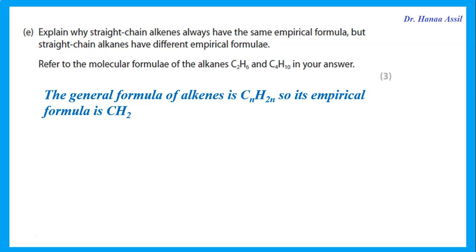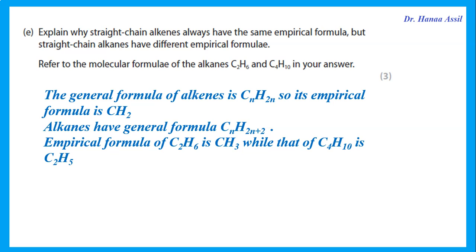So that's for alkenes. What about alkanes? You should know that alkanes have general formula CnH2n plus 2. You're required to know that. And that means if I have C2H6, I want to simplify the 2 and 6. That would be dividing by 2, so that's 1 to 3.